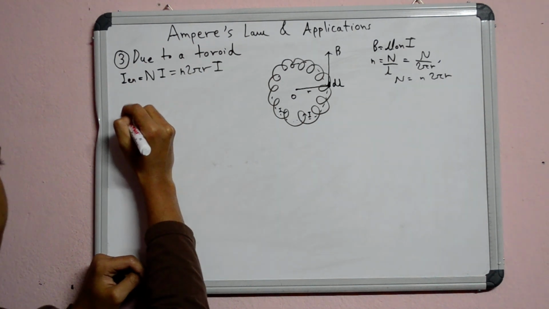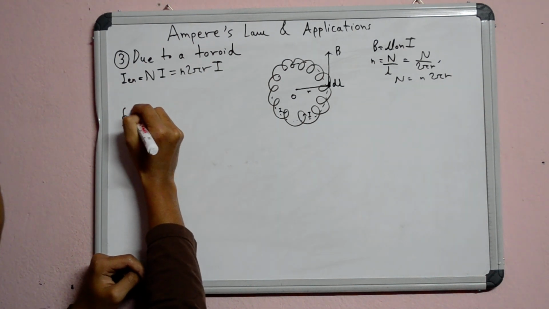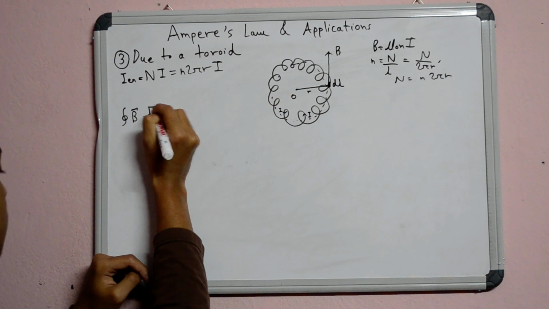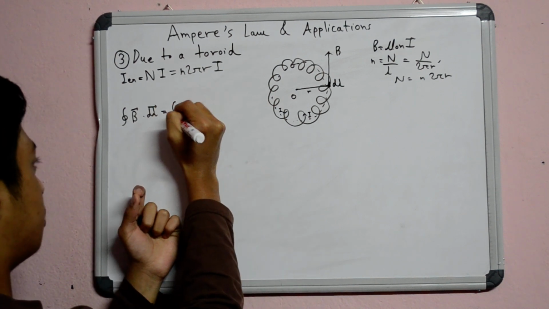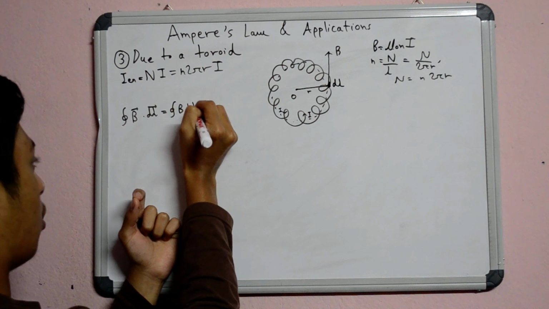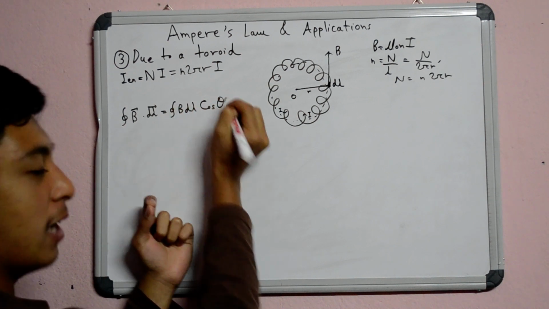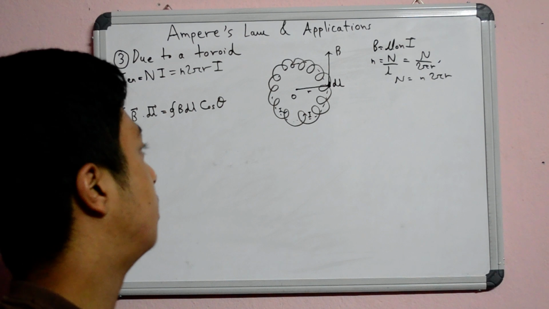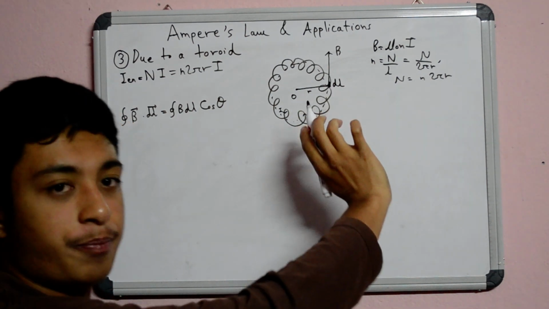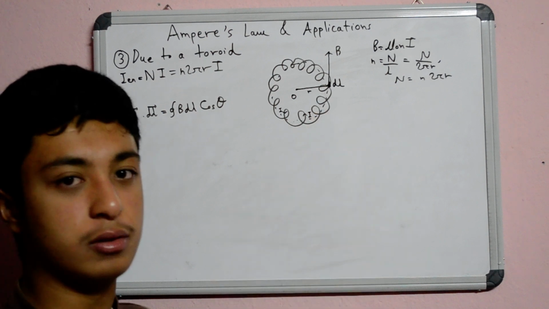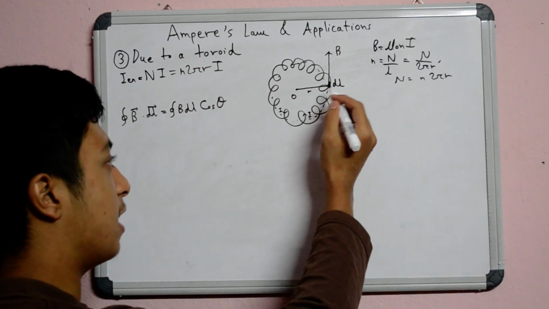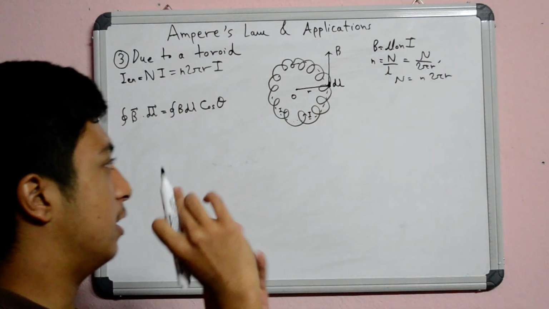Now here the line integral again is equal to ∮B dl cos θ, and like in the straight conductor part, here again the direction of the magnetic field and the direction of this line element will be in the same direction.